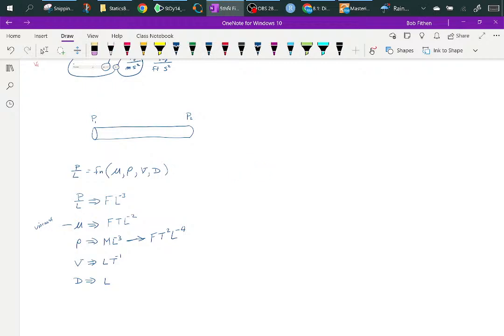Well, it turns out if you list one variable, two variables, three variables, four variables, and then five variables, there are five variables sitting there. Then, how many dimensions do I have? What's meant by dimensions? Well, I have either an FLT or an MLT.